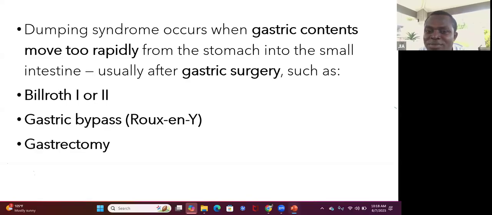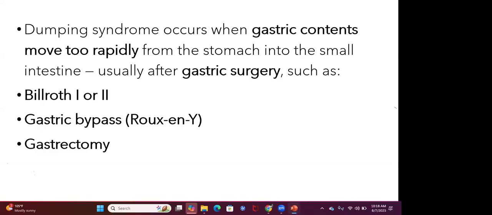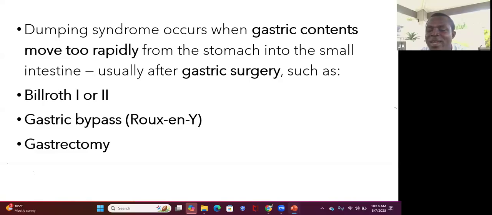So when there's a gastric surgery, it means all these gastric juices or gastric enzymes will not be present. Anything you eat will rush faster into the small intestine because your stomach, or part of it, has been taken away.